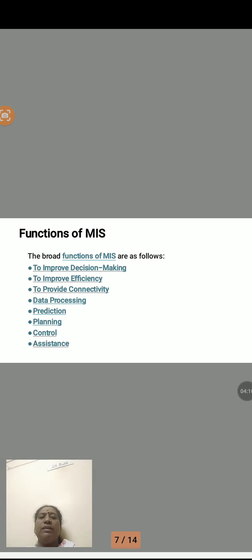What are the functions of MIS? The functions of MIS are totally different from the objectives. Like to improve decision making, who will take the decision? The authority person will take the decision. Okay, and to improve efficiency, once we improve our efficiency, our product will sell high. And then to provide connectivity, we have to connect with some other companies to sell or purchase and for some other work.